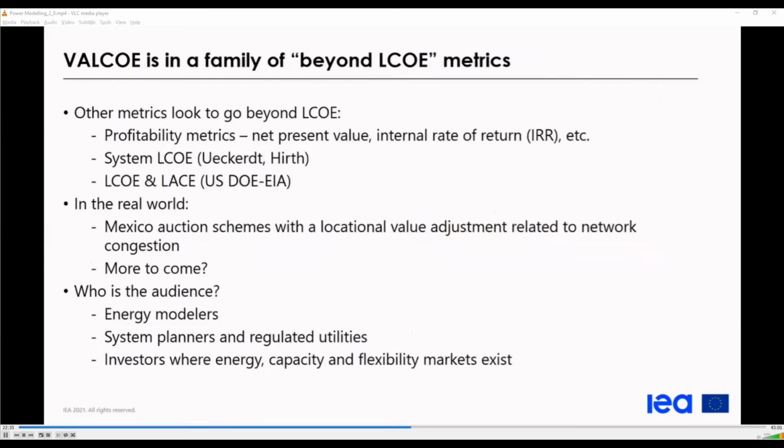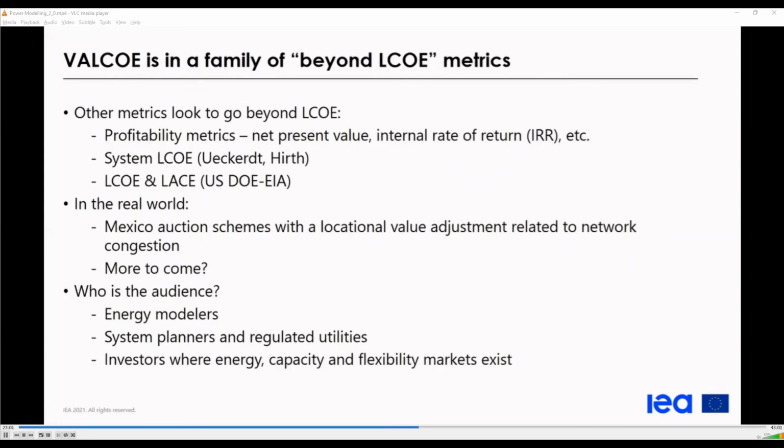The VALCOE is not the only metric looking beyond the LCOE. For example, cost and benefit aspects are already taken into account in profitability calculations, such as the net present value. We also have some academic research looking into it. The US Energy Department also has similar metrics.